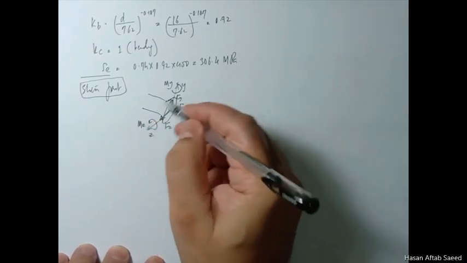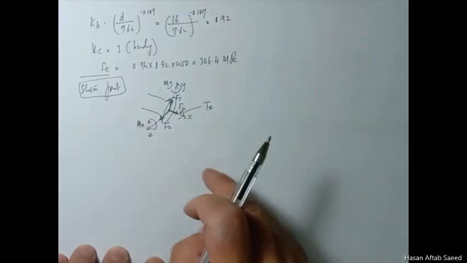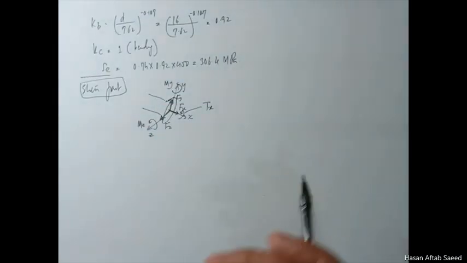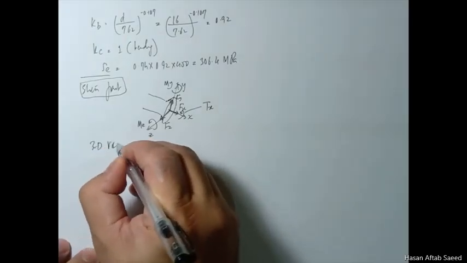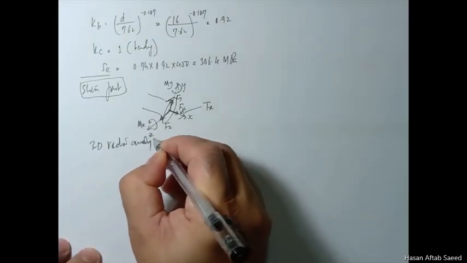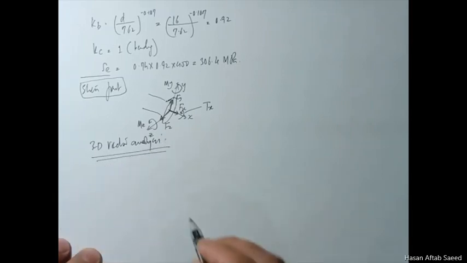So let's find out what these values are. Some of them might be zero, but let's do a 3D analysis. Again, this is nothing new. This is your statics or mechanics of materials 1 all over again.